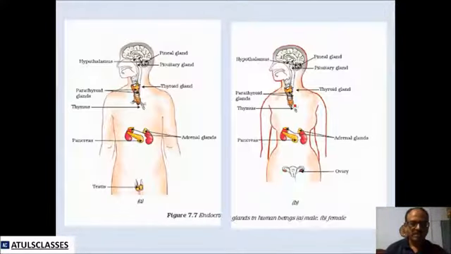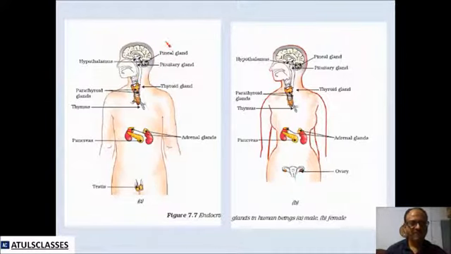We can have this diagram, and it shows how many different types of endocrine glands are present in the human body. Most of the glands are similar in males and females.